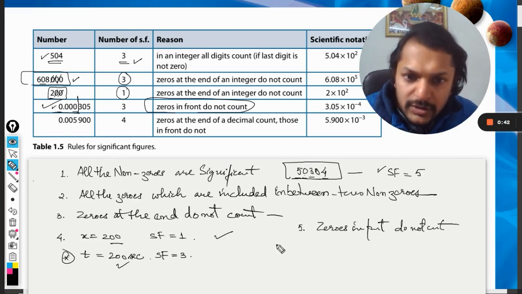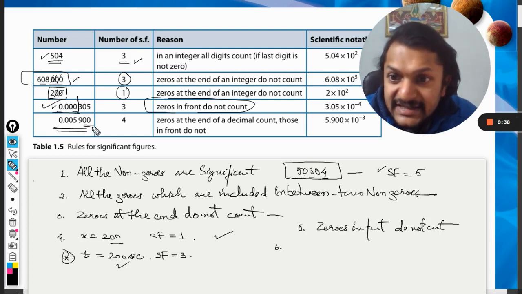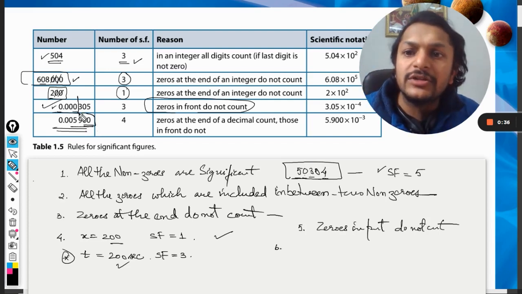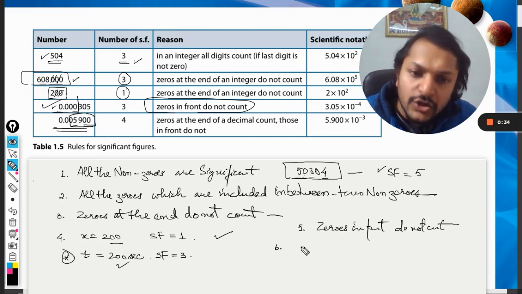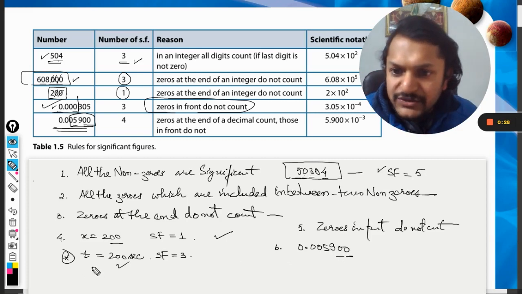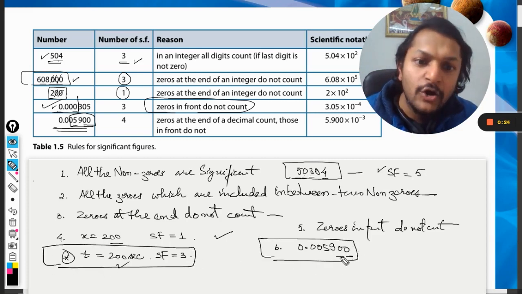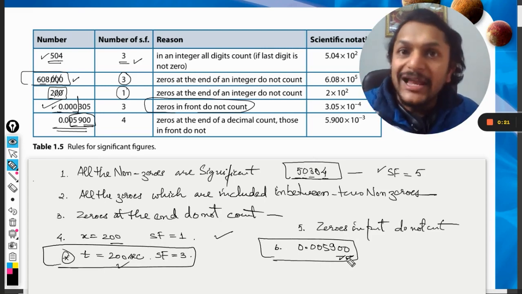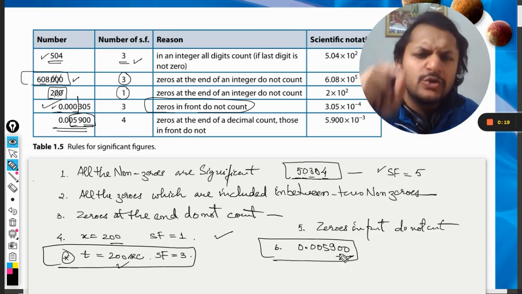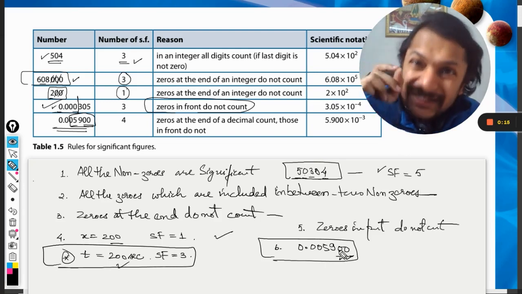Okay, so the point number 6, this example, so these zeros will be included. Now decimal 0.05900, so these zeros are coming out of our measurement. The same principle that I have used here is used in this case now, because these zeros do tell about our scale, that you are using a very accurate scale, so that you can make a precise calculation.